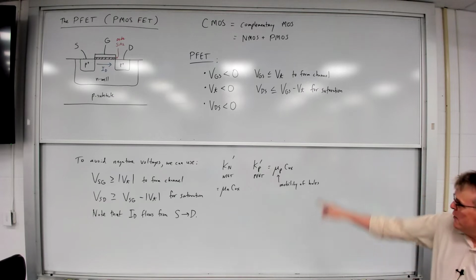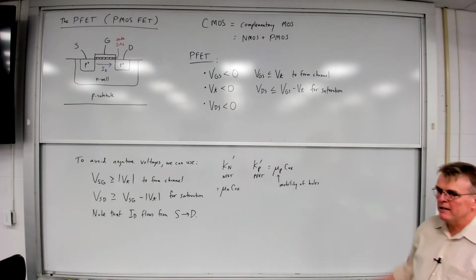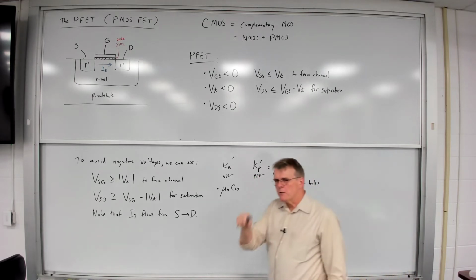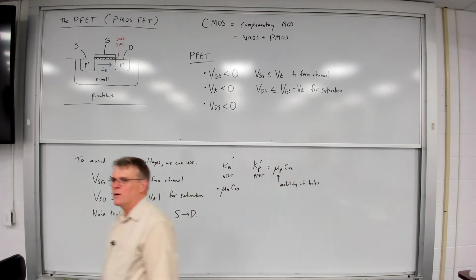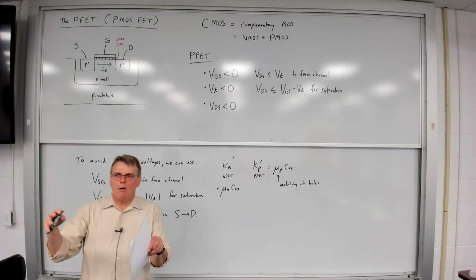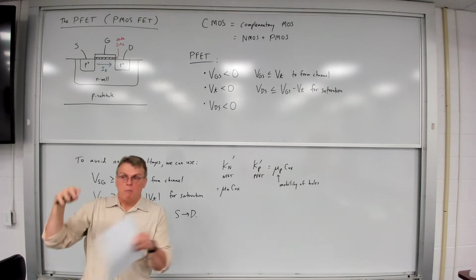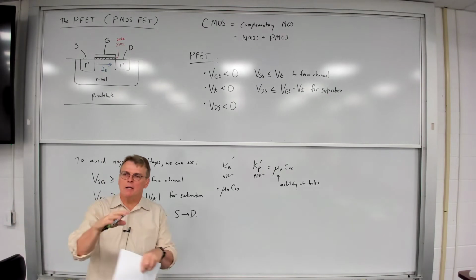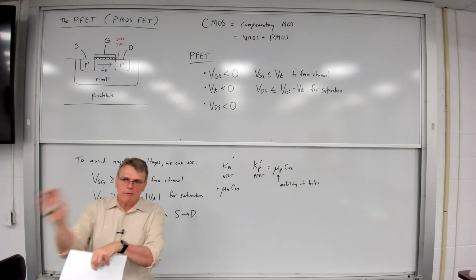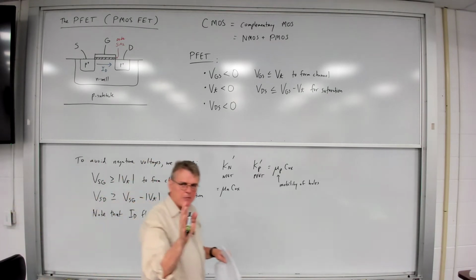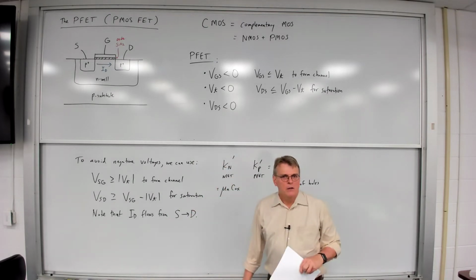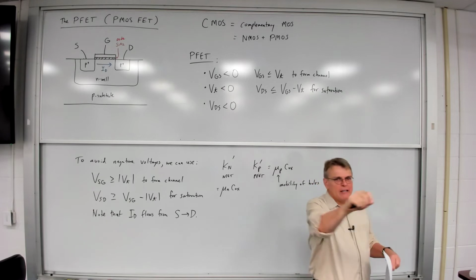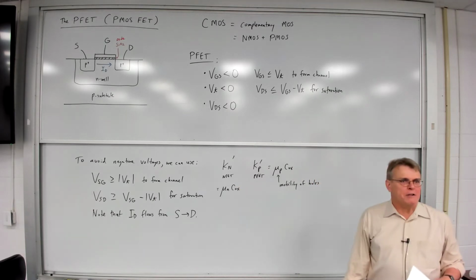It turns out that electron and hole mobility are not equivalent. Which do you think is more mobile, electrons or holes? Electrons, yeah, because electrons are actual particles. Holes are simply pseudoparticles. We pretend they're a positive particle, but really what they are is a hole in a covalent bond, right? There's a missing electron in a covalent bond. So a hole does not move as readily as a free electron just traveling through the lattice.